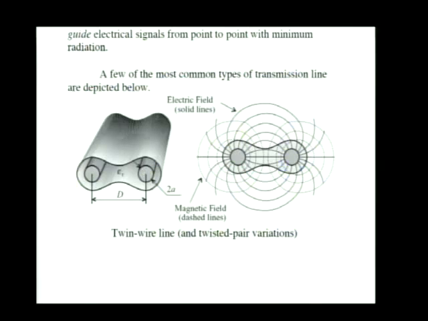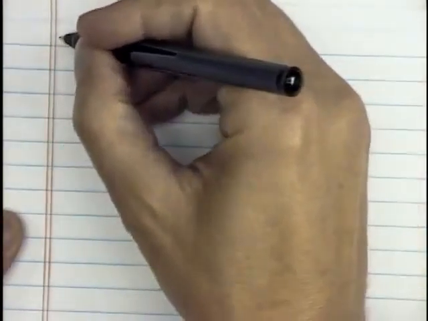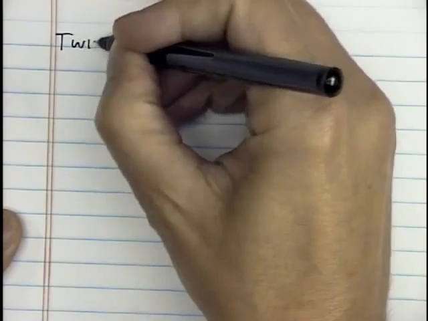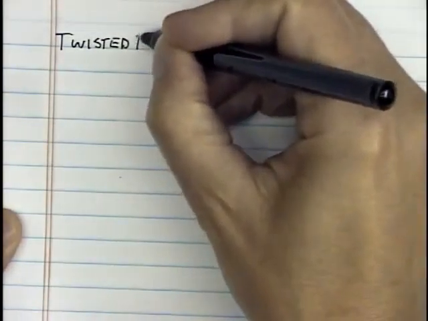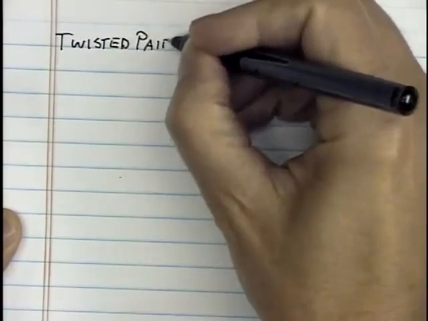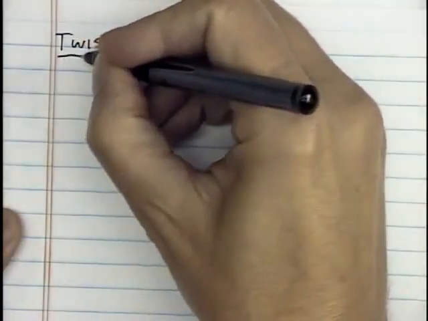Because, if we could turn to the overhead for just a moment, they are often, these days, used in so-called twisted pairs of twin wire transmission lines.